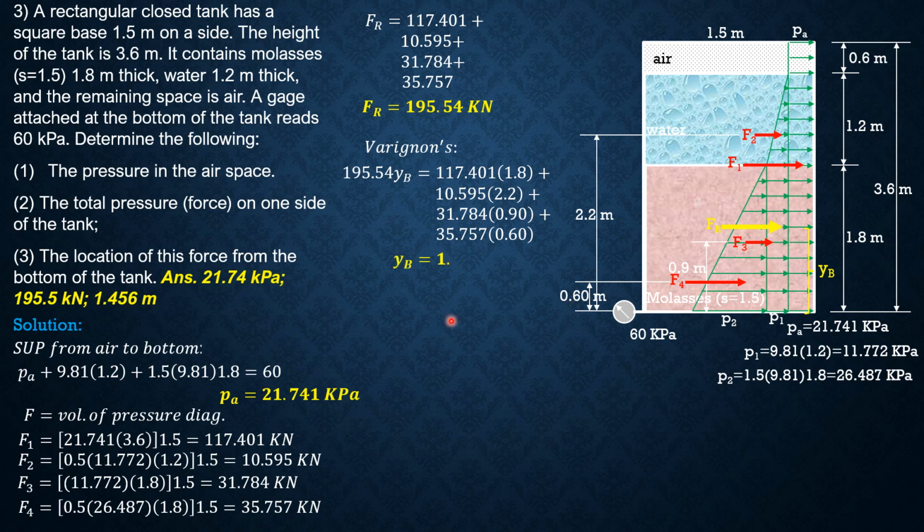So solving for Yb is equal to 1.456 meters. So that's it. That's the solution to this problem.